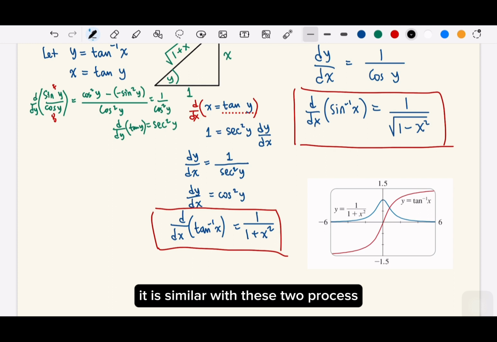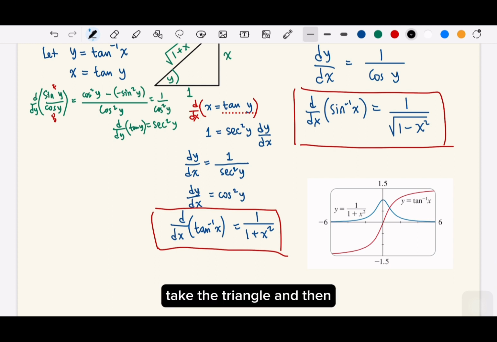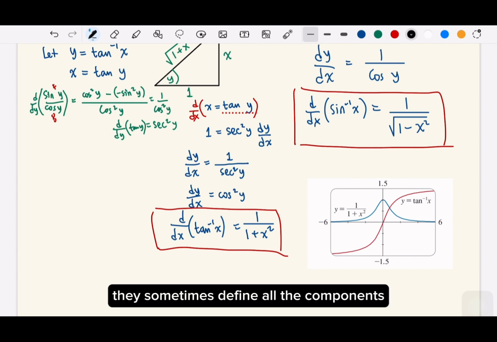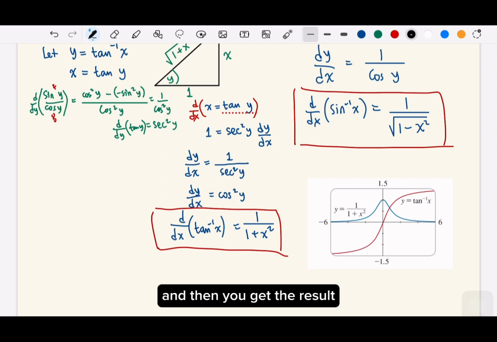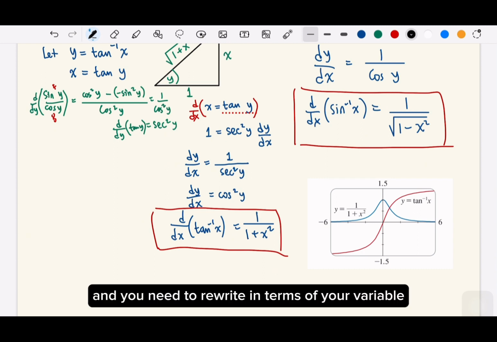It is similar with these two processes. Take the triangle, take some time to define all the components, and then derive implicitly, and then you get the result. Check the result with the triangle, and you need to rewrite in terms of the variable. Okay.